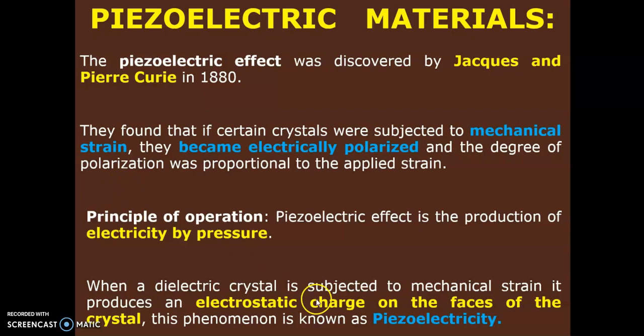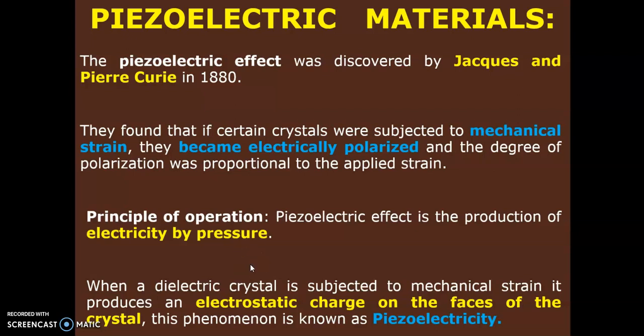The principle of operation of piezoelectric materials is the production of electricity by pressure. You have to remember this keyword, because questions will come: the principle of operation of a piezoelectric material is production of mechanical energy by pressure, chemical energy by pressure, or electricity by pressure? If you remember this keyword, there will be no confusion.